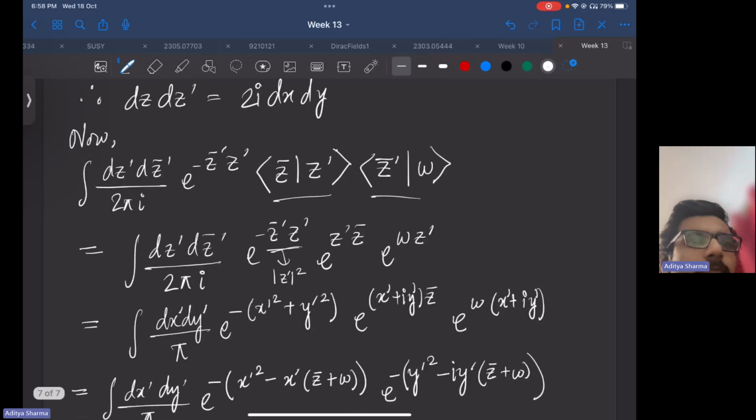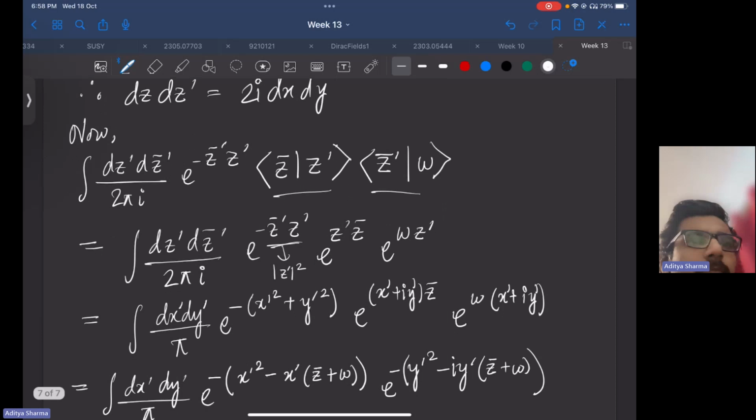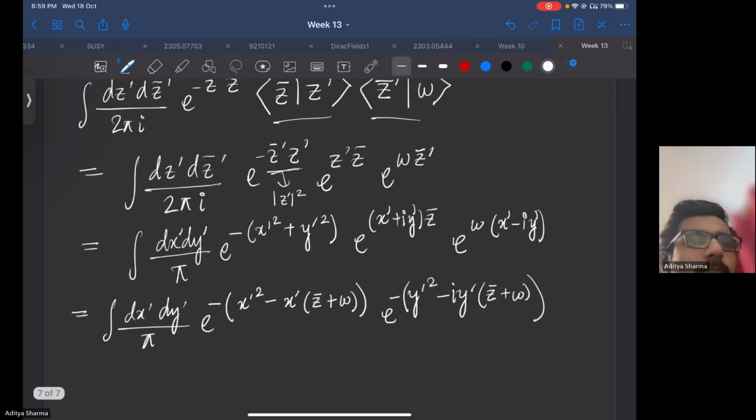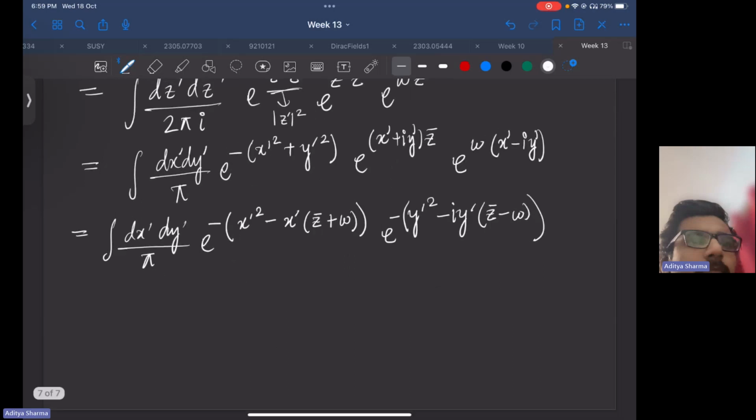There is a prime, there is this. Now this is correct. Now the integral is in terms of x and y, so we can just factor it out. That is to say, we can write one of the integrals just like this.